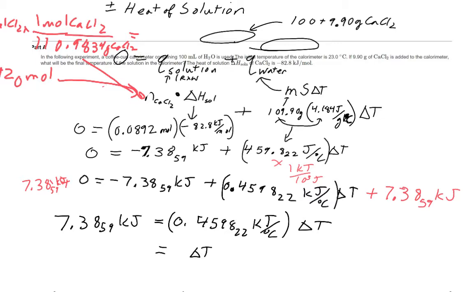Now to solve for delta T, I'm going to divide both sides by my 0.45982 kilojoules per degree Celsius. So 7.3859 divided by 0.45982 kilojoules divided by kilojoules per degree Celsius.